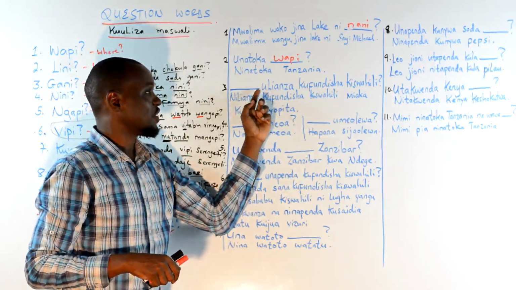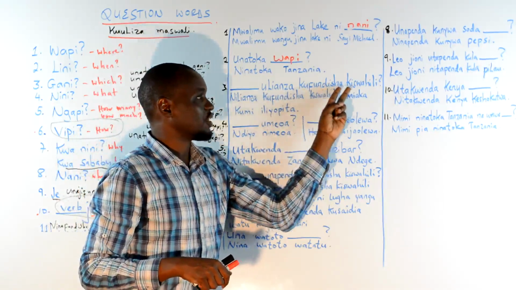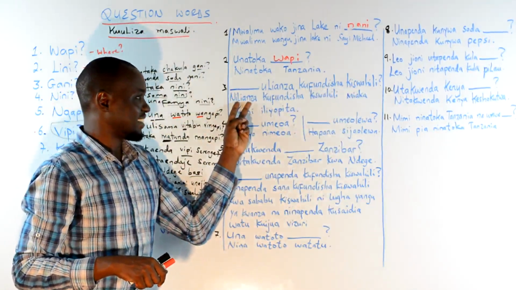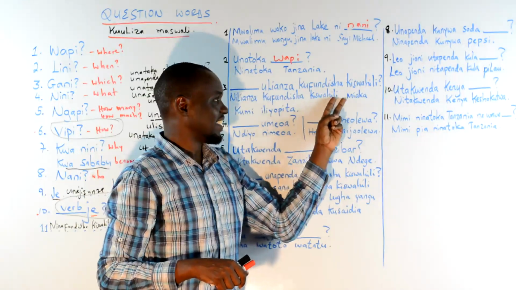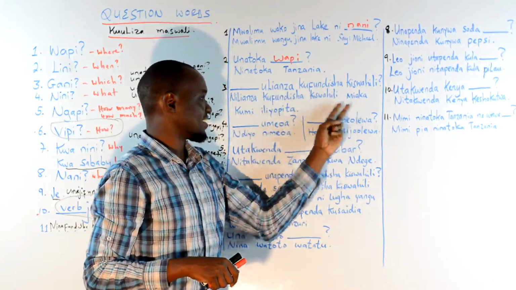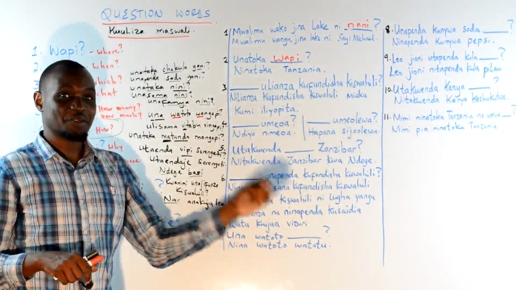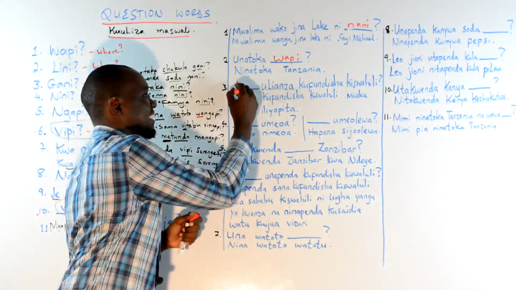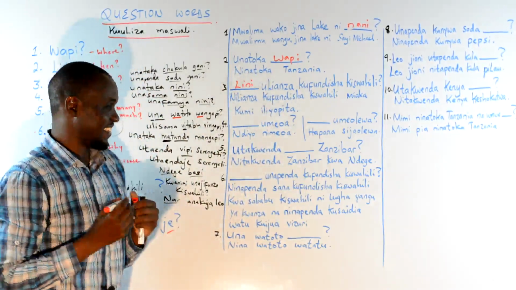So dash dash, you started teaching Swahili. I started teaching Swahili 10 years ago. So what will be the answer? When will be the answer? Lini. How do you say when in Swahili? Lini. Okay.